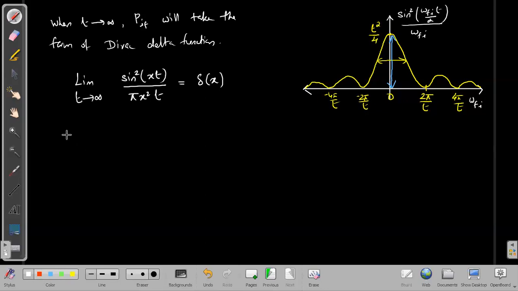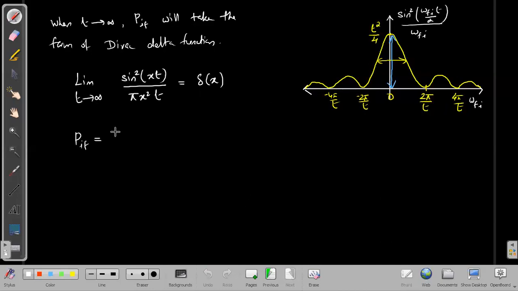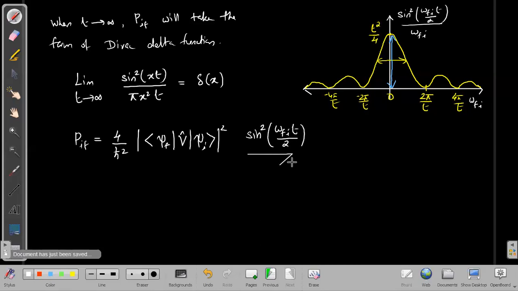So what is our transition probability? So Pif, that we have already seen on the last page, is 4 by ħ square, the inner product ⟨ψf|V|ψi⟩ mod square, then sine square(ωfi t/2) divided by ωfi square.